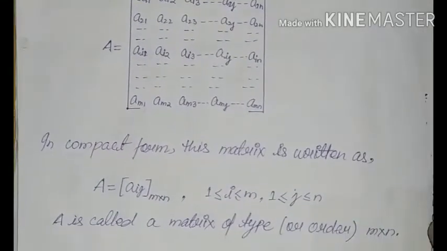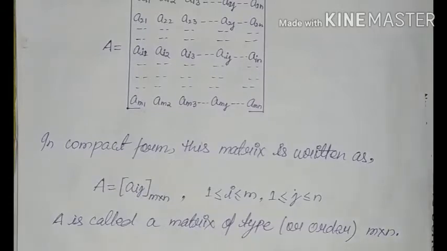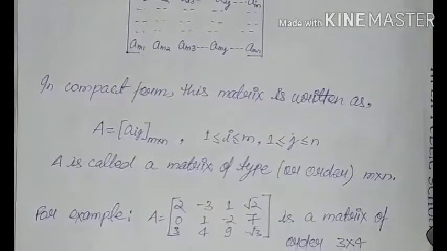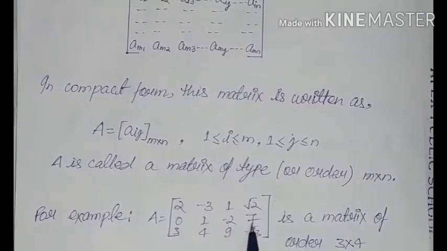A is called a matrix of type or order m by n. For example, A equals 2, minus 3, 1, root 2 and 0, 1, minus 2, 7 and 3, 4, 9, minus root 3.